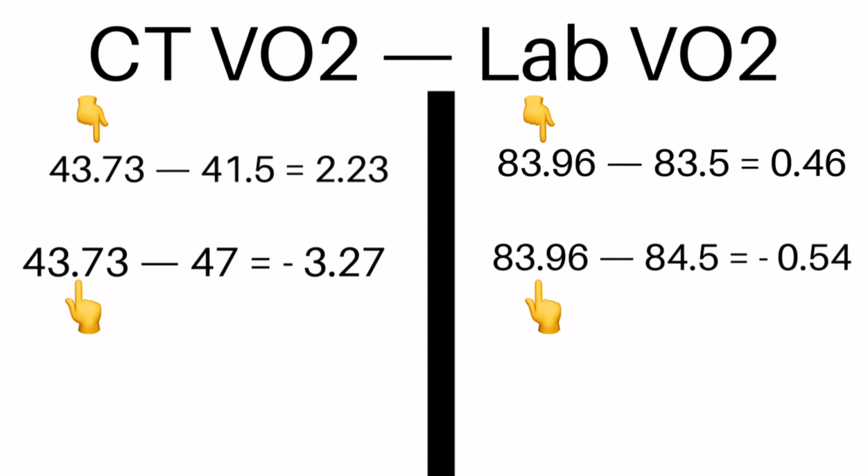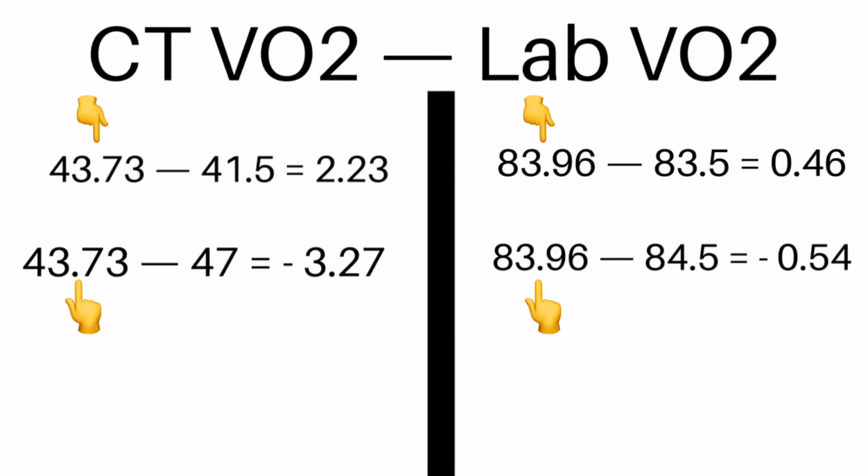So you can see on the left here and the right, you can see the 43.73 and 83.96. Back from the beginning, we were using those two numbers as the example. So if you remember, the 43.73 was the estimated VO2 max of covering 1.5 miles in the 12 minutes, and the 83.96 was an example of covering the 3 miles in the 12 minutes.